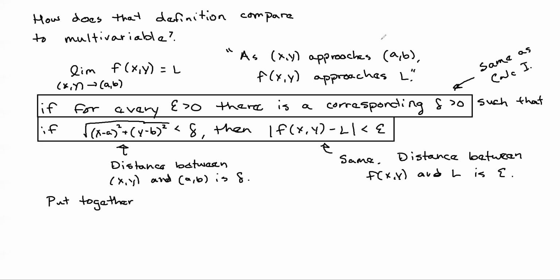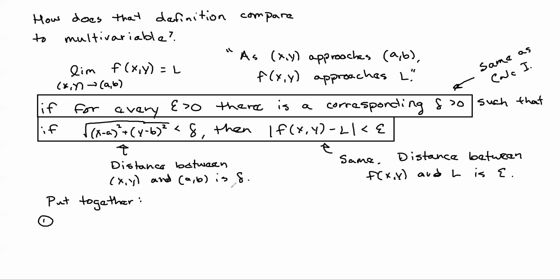Exactly the same way that we did for the Calc 1 definition. So you start off: if the distance between (x,y) and (a,b) is less than delta, and delta decreases, then what happens?